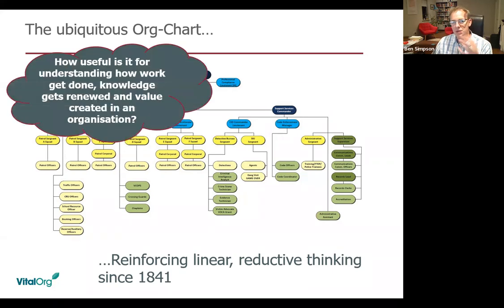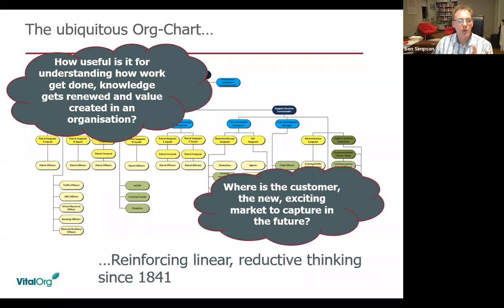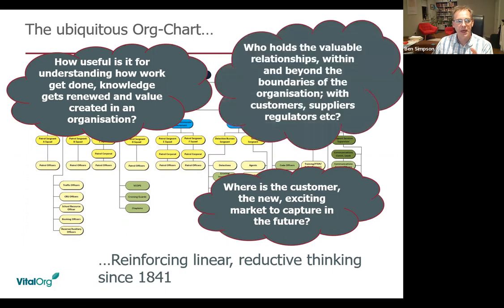So, just some questions. How useful is it for understanding how the work gets done, how knowledge gets renewed and value gets created in the organization? Where's the customer or the new and exciting market to capture in the future? Who holds the valuable relationships, not just within the organization, but beyond it, thinking about customers, suppliers, regulators, etc.? All entirely absent.